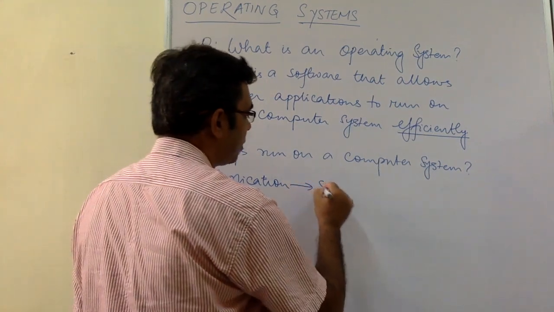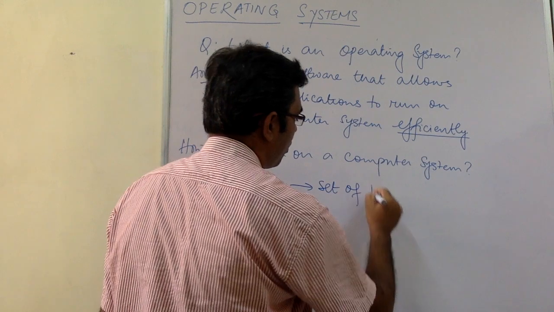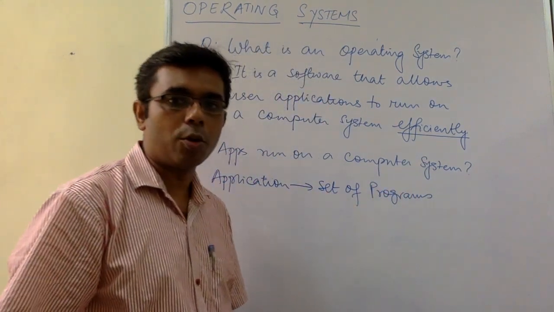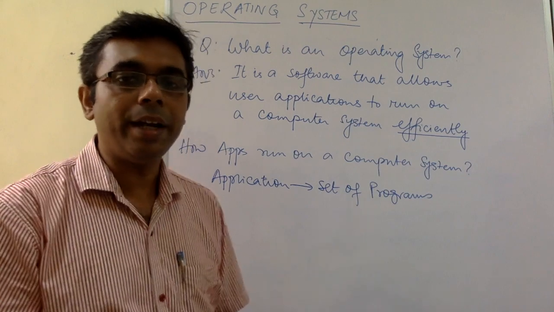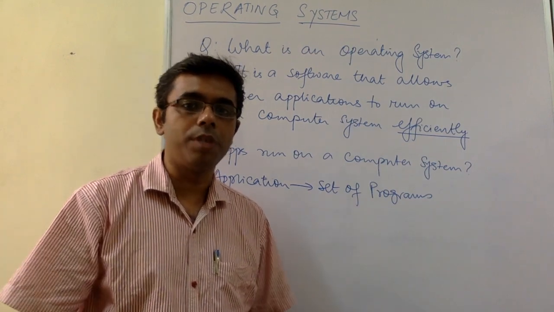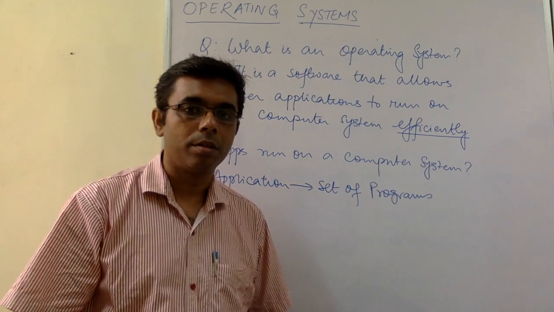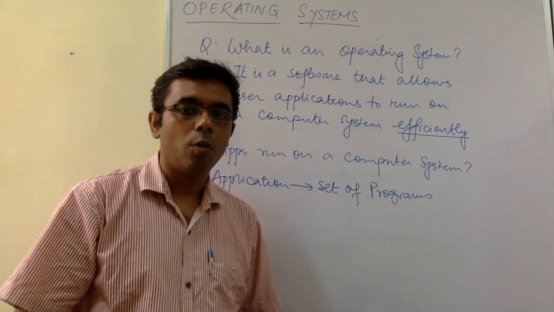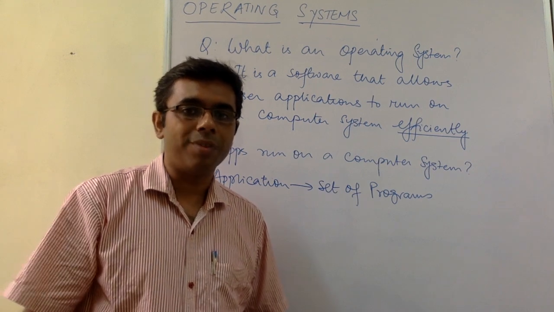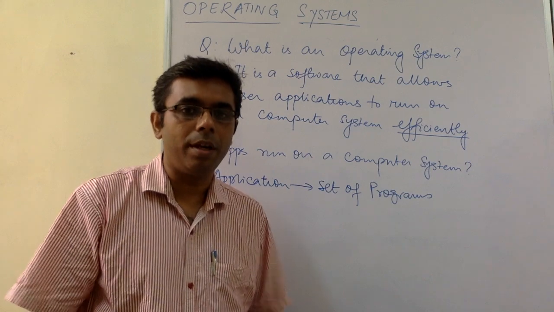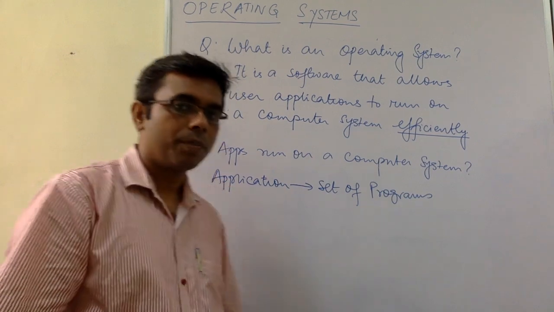It's nothing but a set of programs, right? It may be a single program or it may be a group of programs that is intended for a certain purpose. Say a text editor, or a music player, or a movie player, or a browser. All these are a group of programs which have been written to perform a certain kind of task. So these are typically user applications.